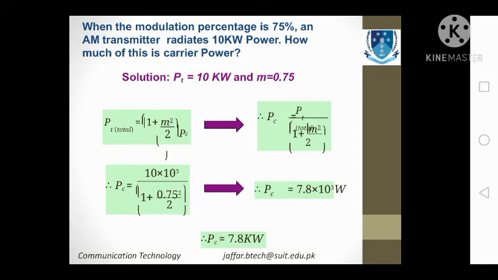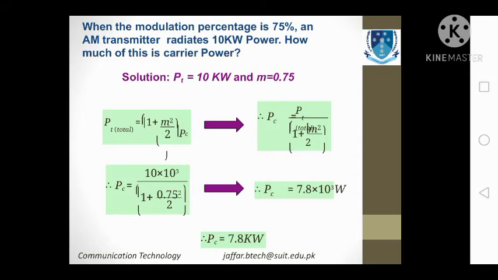And if there is a transmitter, an AM transmitter, it radiates about 10 kilowatt of power. So how much of that 10 kilowatt of power is consumed by the carrier? How much of this is carrier power?